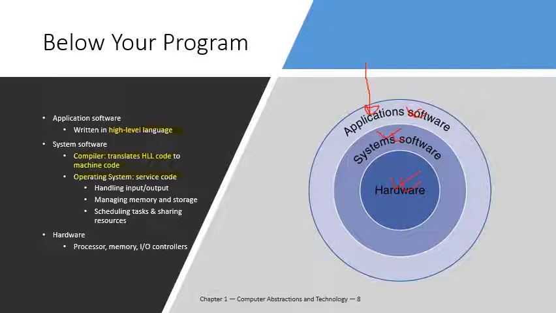So the system software can have compilers and an operating system, and then we have hardware that consists of the processor, memory, and I/O controllers. So these are the three domains, the three areas that are utilized for our program.